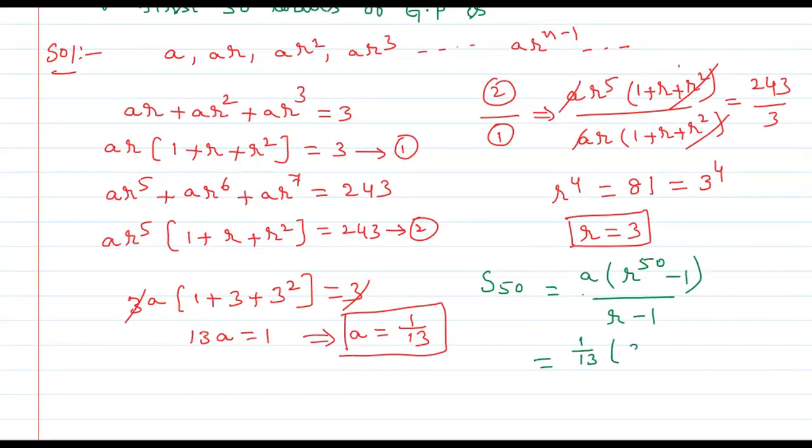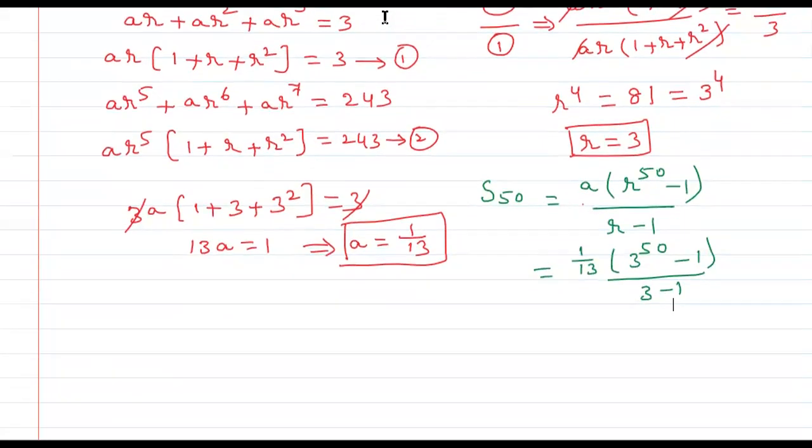R means 3 power 50 minus 1 divided by 3 minus 1. 3 minus 1 value is 2. So we get 3 power 50 minus 1 divided by 26. This is the sum of 50 terms. So this is an easy question only.